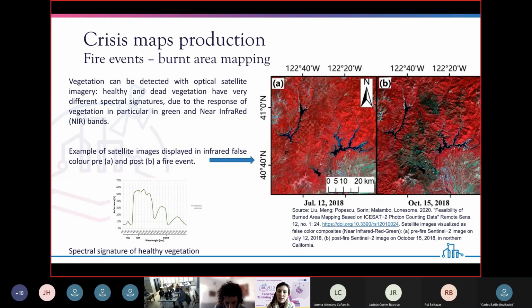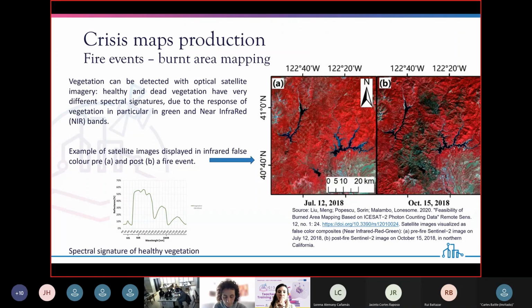So you have learned something about spectral reflectance of the objects over the Earth. You have learned that depending on how the objects reflect the sunlight, they have a different response in the different bands that we can detect with satellite images.